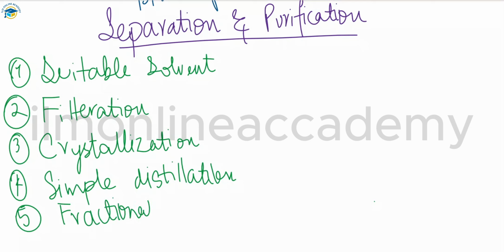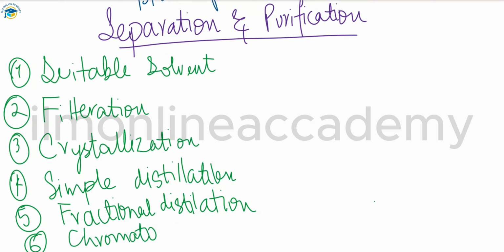Fractional distillation is mostly used for petroleum and crude oil. And the last technique for separation and purification is chromatography. So now we will talk about each of these techniques one by one.